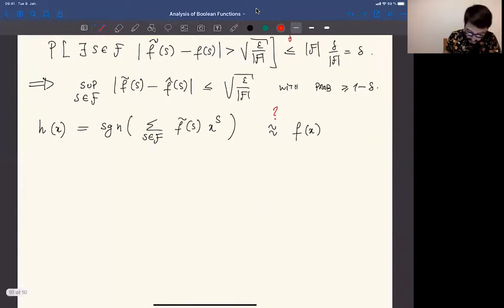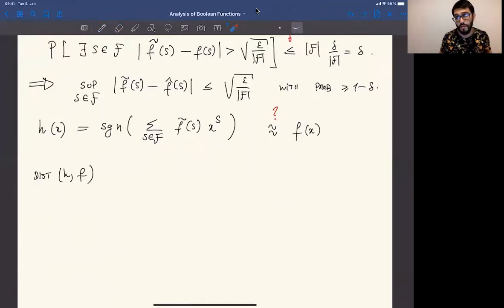Okay, so let's try to measure the distance of h to f. The sign could be 0. I mean, this guy could be 0 at some point, and you define it to be plus or minus 1, whatever you choose. You normalize your sign function so that it only produces plus or minus 1. That means you have to choose what you want for sign of 0.